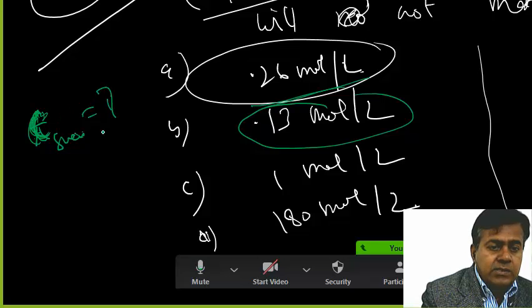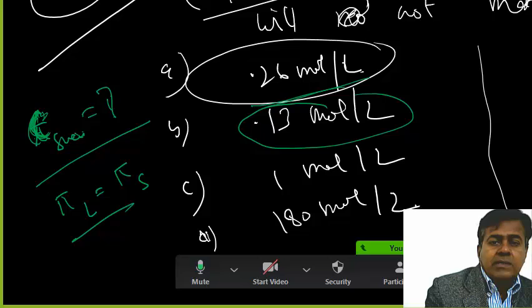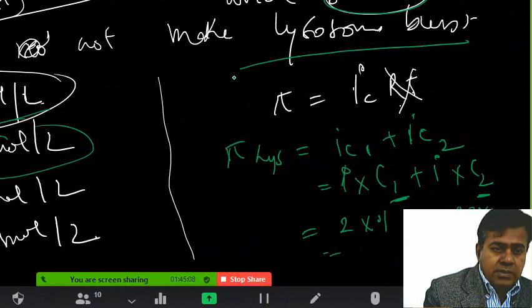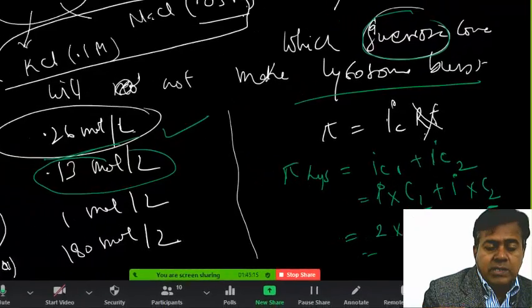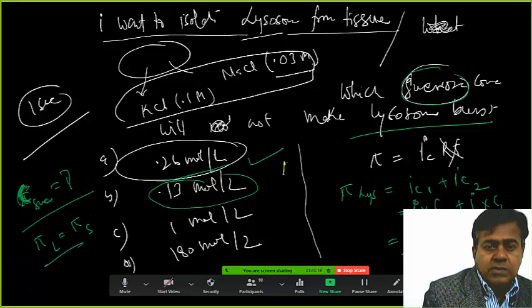And the condition is that I lysosome must be equivalent to sucrose. Then only they are not going to burst, right? So whatever concentration we are getting for the lysosome, now again we can create the new formula, and this formula is pi lysosome equivalent to IC sucrose.